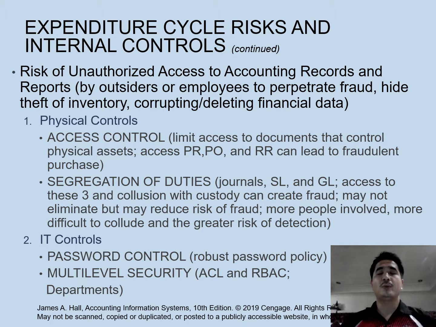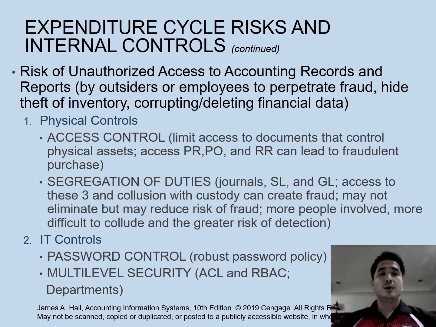But for the RR, the receiving department, the inventory control, and the AP should have access to this one. But basically, this should not go to the GL. Because with more access given to a single person, he has more power, and if you have more power, you have more chances of doing a fraud.